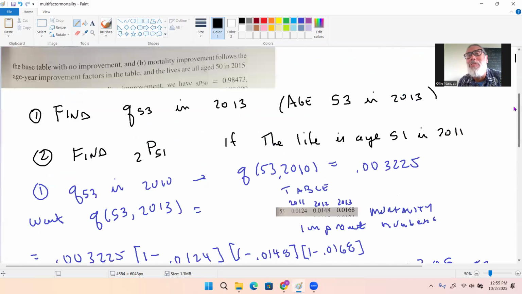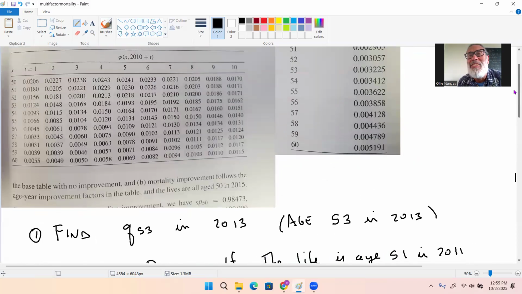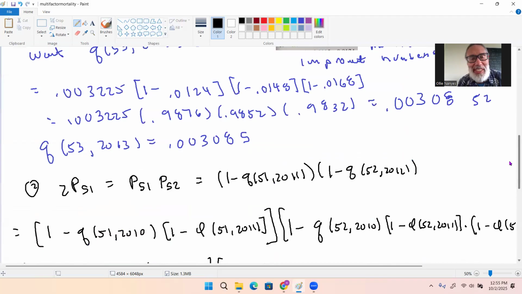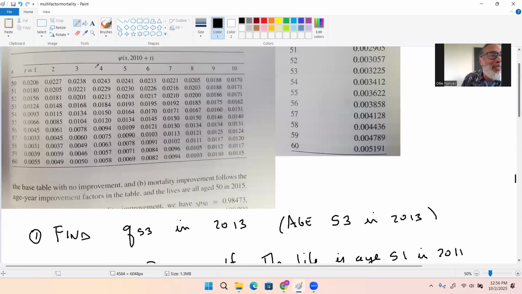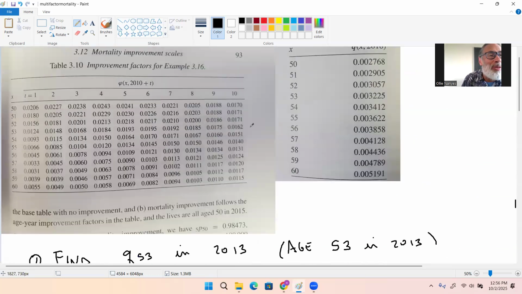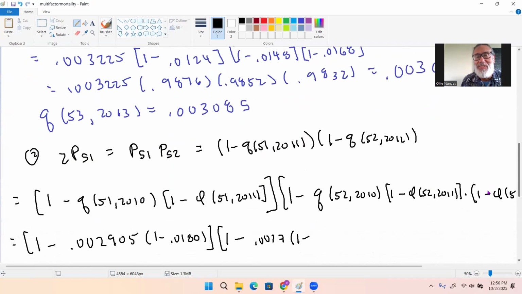I can't remember a thing. 3057. All right. And that's multiplied by the factor, since we've had 2 years to improve mortality for a 52-year-old. So for a 52-year-old, 0.0156 is the mortality improvement factor.